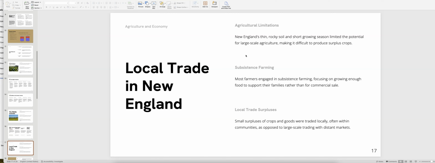And then New England, also largely subsistence, but not as much agriculture. So there is a greater reliance, just because of the shorter growing season, on a little bit more small scale manufacturing and shipbuilding than the other colonies.